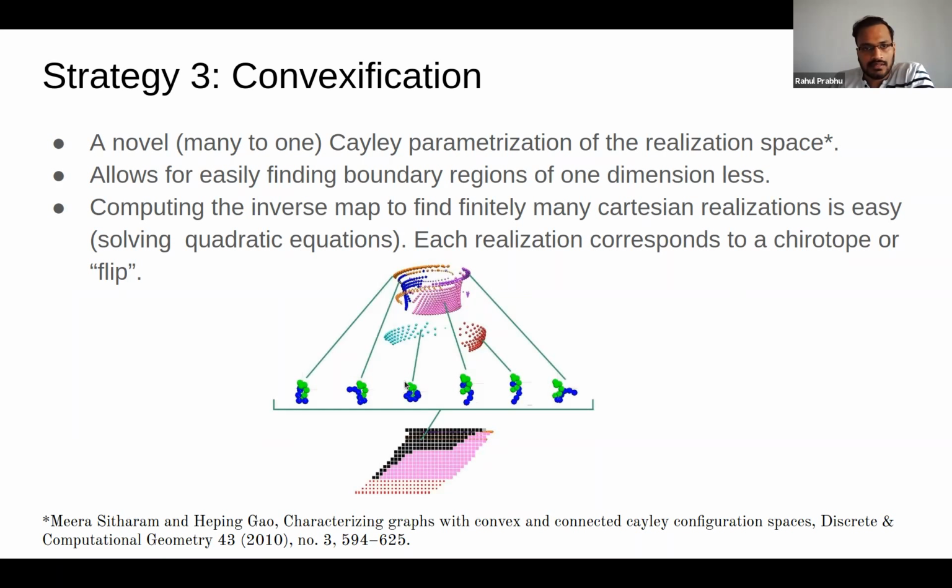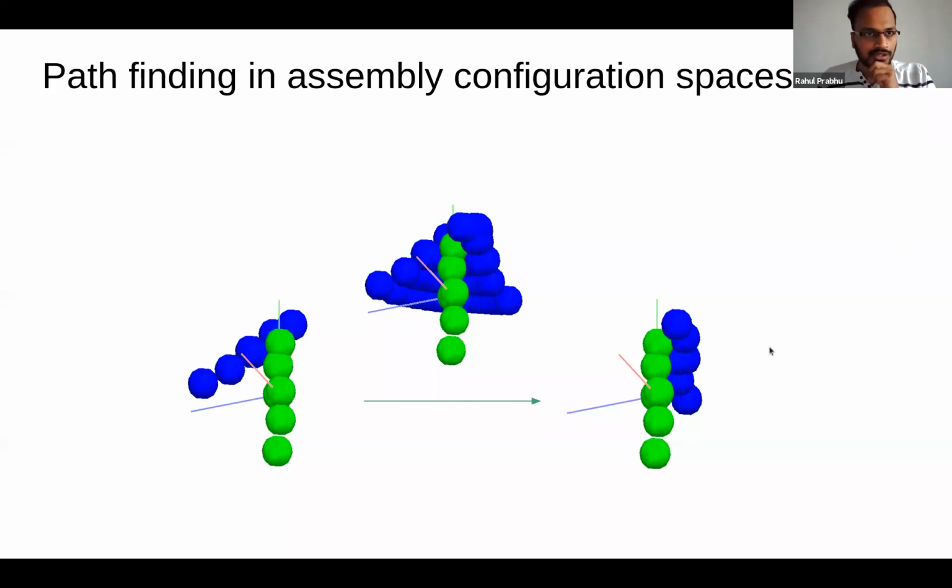After we do all of these, we generate a lot of properties of the configuration space, which include potential energy basins and so on. But the next thing I'm going to talk about is finding paths in the assembly configuration space. We start with a rigid configuration, given a source and a destination rigid configuration.